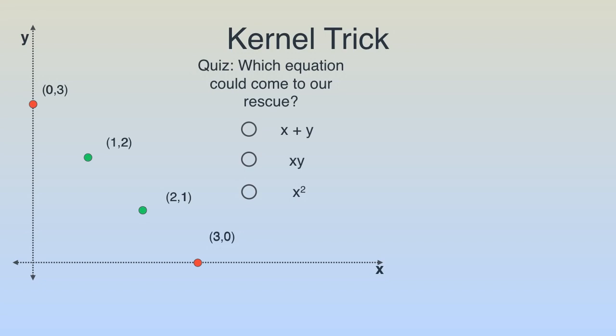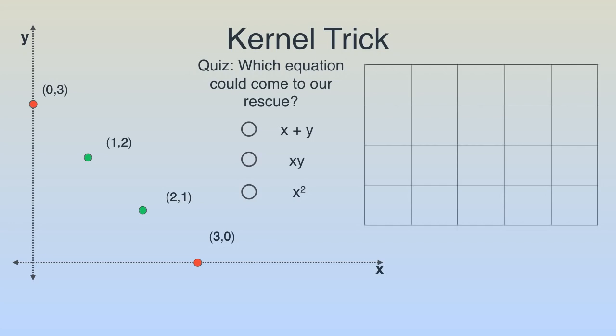This is not an easy question, so let's actually make a table with the values of these equations on each of the 4 points. So here's our table. Here we have the 4 points on the top row, and now each of the other rows will be one of the functions. So here's the sum x plus y. We fill in the first row in the following way: 0 plus 3 is 3, 1 plus 2 is 3, 2 plus 1 is 3, 3 plus 0 is 3.